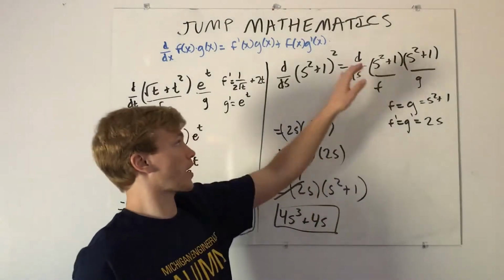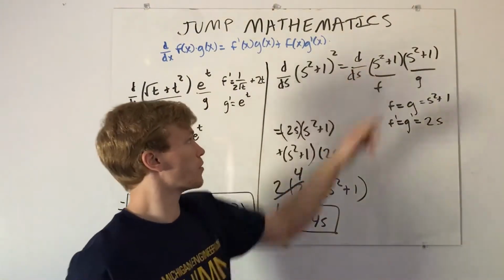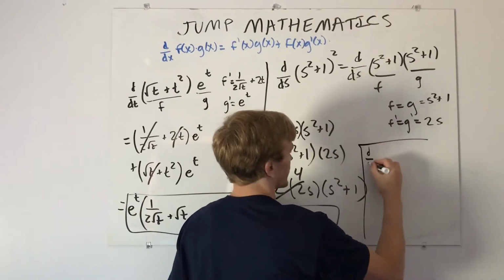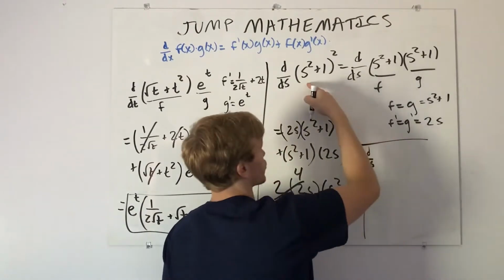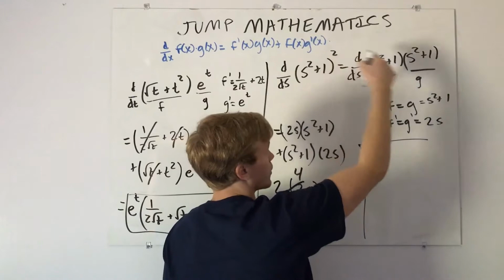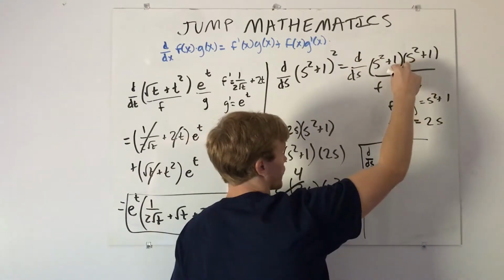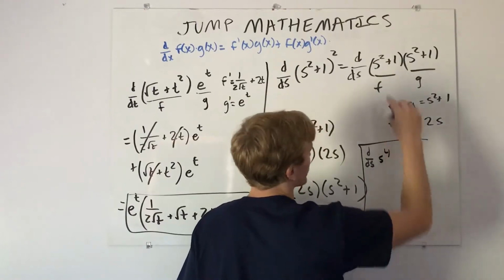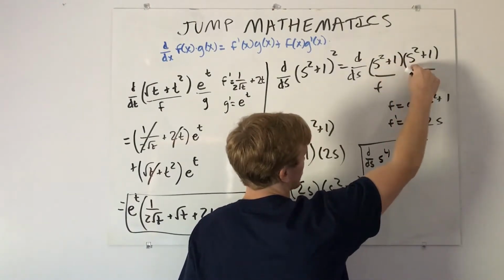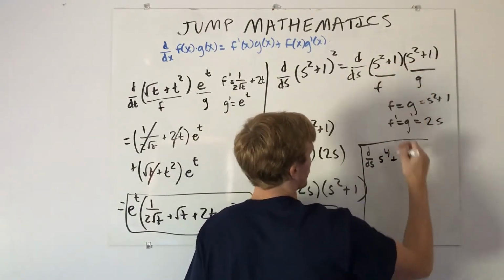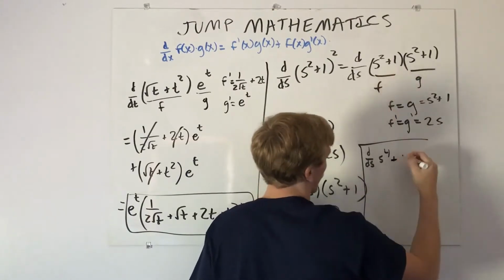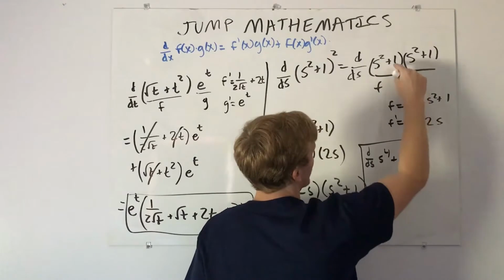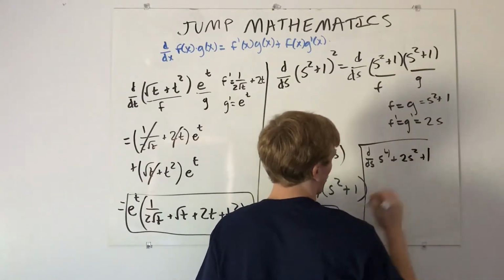Let's go ahead and check our answer using the old school rules that we know. d by ds of s squared plus 1 squared is equal to the derivative of s to the fourth, that's this term times this term, plus 2 times s squared times 1, 2s squared, plus 1 times 1 is 1.